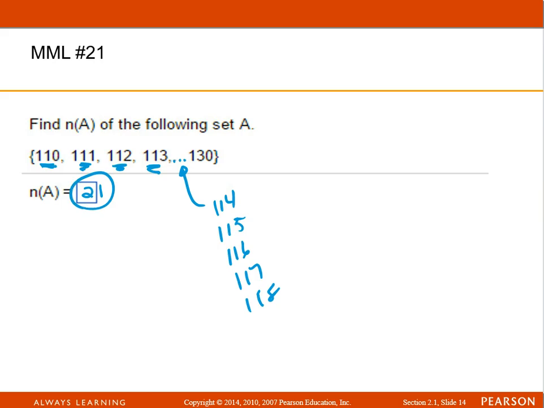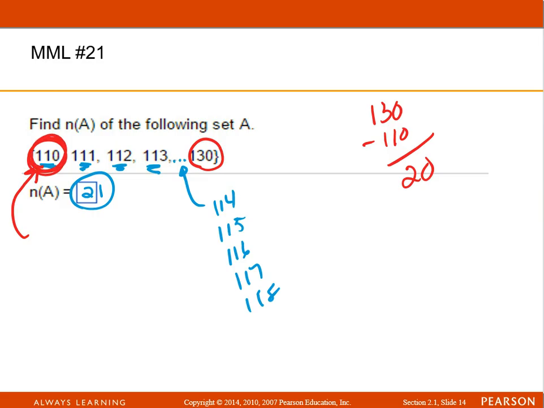Now most people are like, isn't it just 20? A lot of people want to take the 130 at this end and the 110 at that end and subtract them and say, well, that's just 20. It's not, because when you took 130 minus 110, you eliminated this actual number of 110.